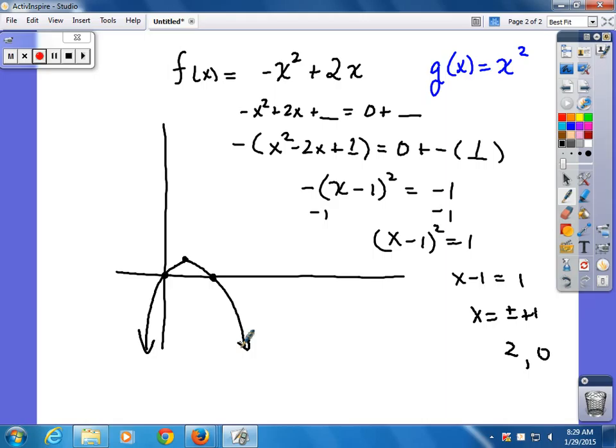Everybody good with that? And the other one, the blue one, is pretty simple because you have x squared: 0, 0, 1, 1, 2, 4, and it looks something like this.